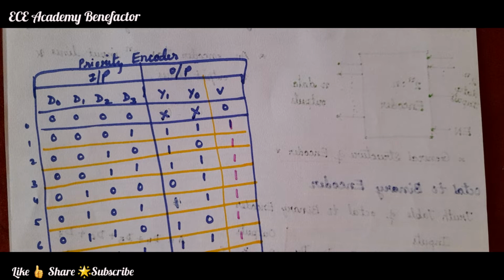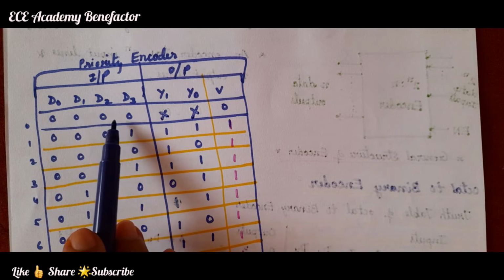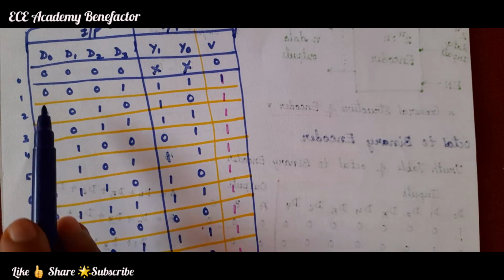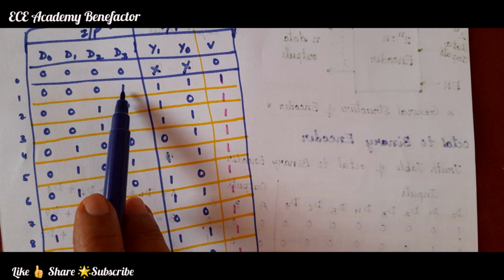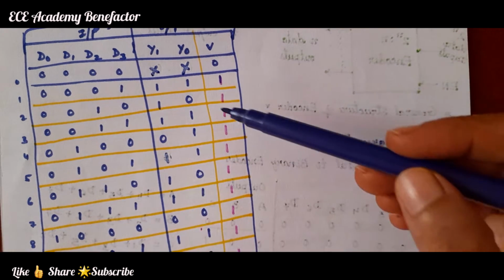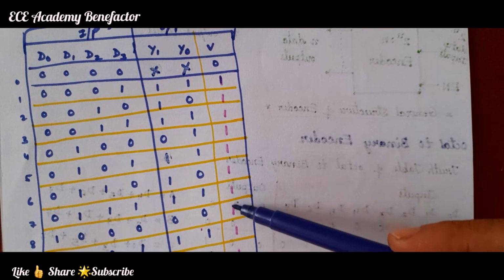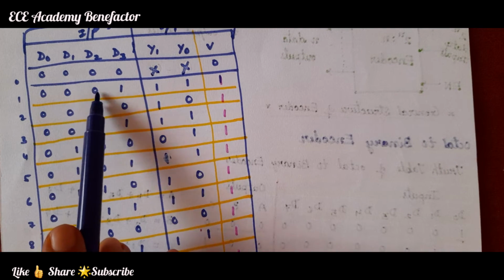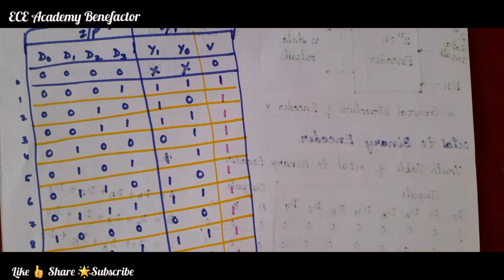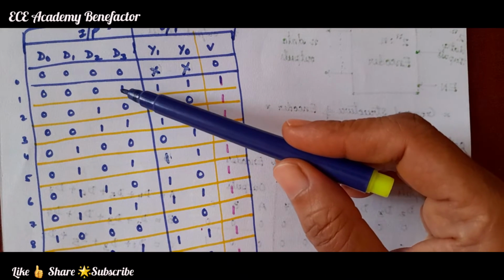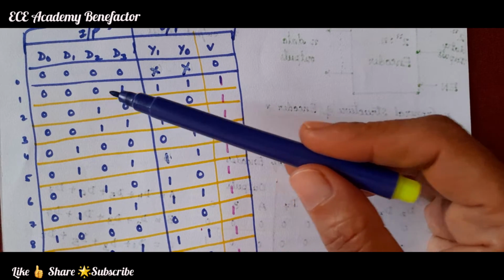Now let us see the next input, 0001. Here one of the inputs is 1, so the valid output is 1. This valid output will be 1 from 1 to 15, that is from 0001 to 1111, because at least one of the bits will be 1.